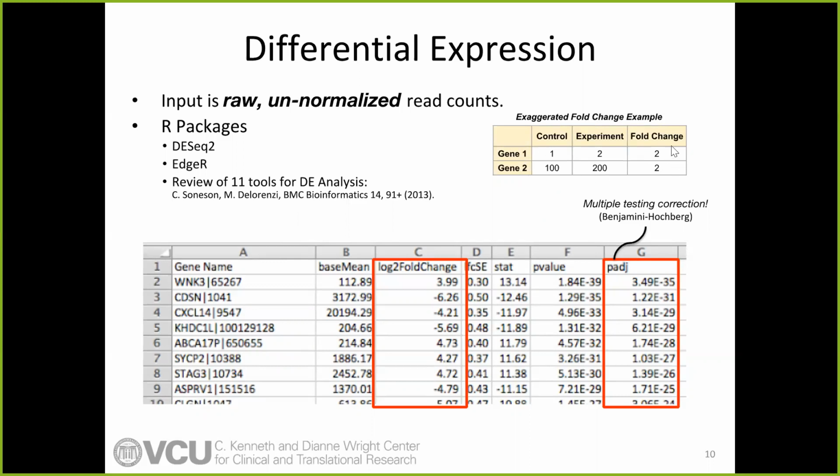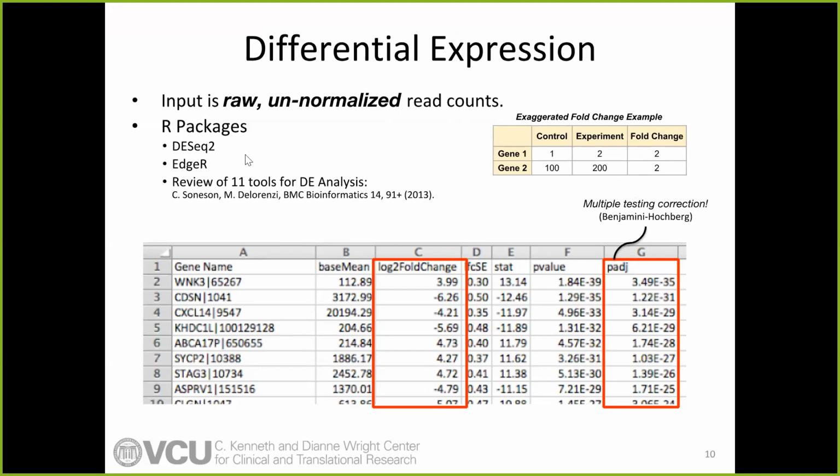Both gene 1 and gene 2 are calculated with a fold change of 2, but gene 1 only had 1 read aligned to the control and 2 reads in the experiment, whereas gene 2 had 100 to 200. So this is a much more robust and believable fold change of 2, whereas this is probably just noise. So DESeq2 actually accounts for this and adjusts fold changes and p-values accordingly.